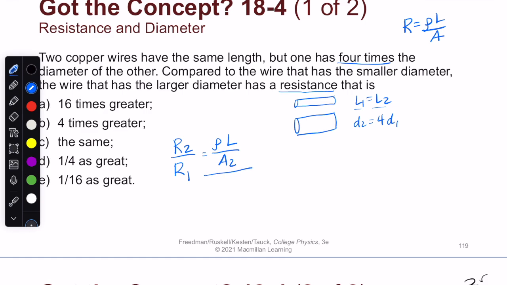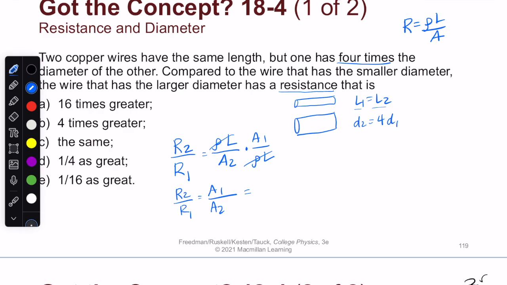We're going to divide that by rho L over A1, which is in the denominator. Just to clean it up, I'm going to write that as the reciprocal. And when I do that, I can clearly see some cancellations. So what I end up with is the ratio of R2 to R1 equal to the ratio of A1 over A2.